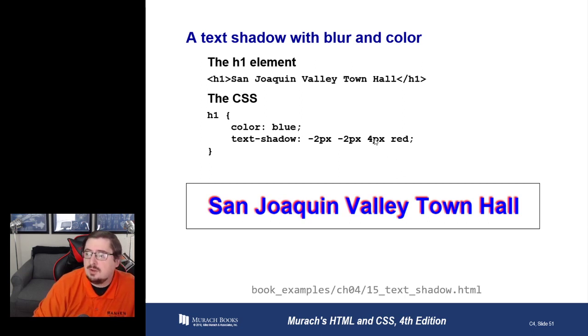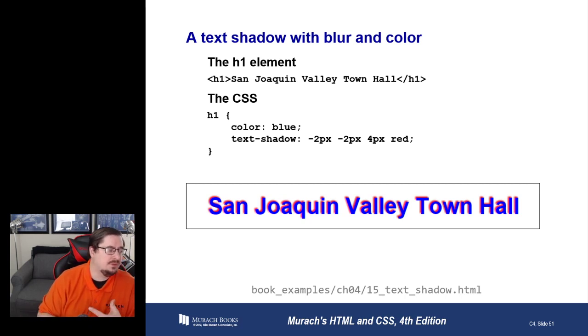That's a good number. Generally speaking, the larger your font size is, the more you need to blur it, and the smaller your font size is, the less you need to blur it. Same thing with the offset. The farther your offset is, the more it creates an impression that the text is farther away from the surface.